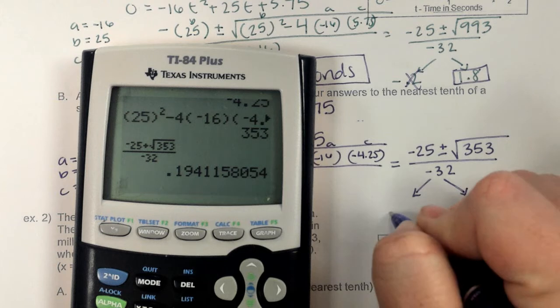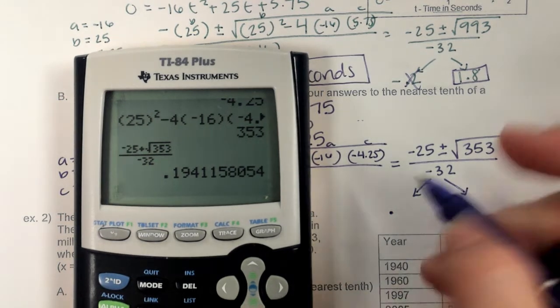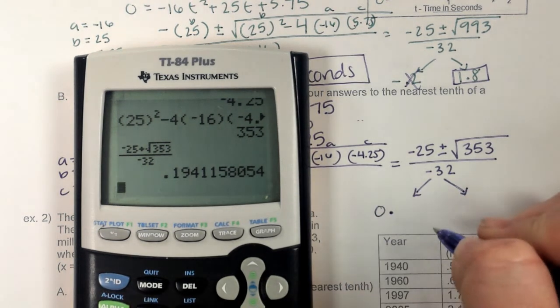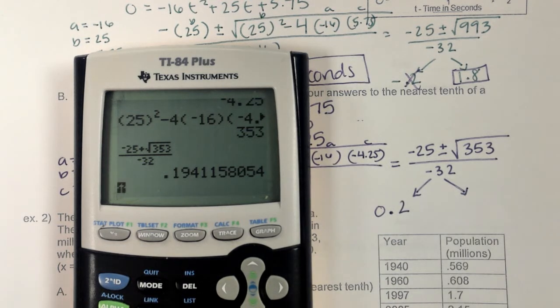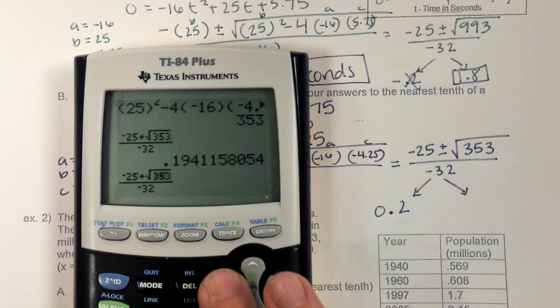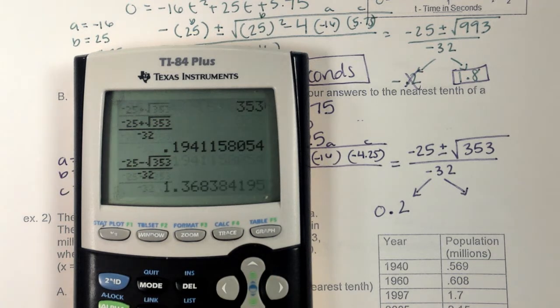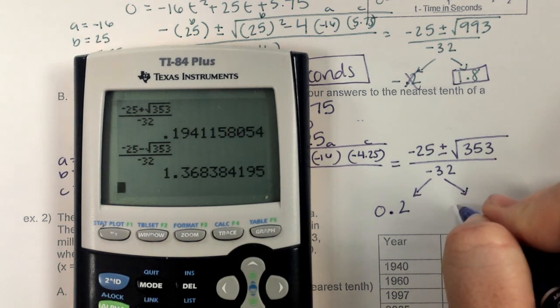So I get point. Now this says round to the nearest tenth again, so what's that going to be? 0.2. And then remember, second, enter, and just replace the plus with a minus. And what's that give me?